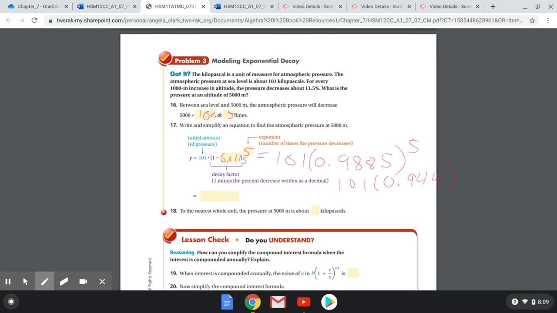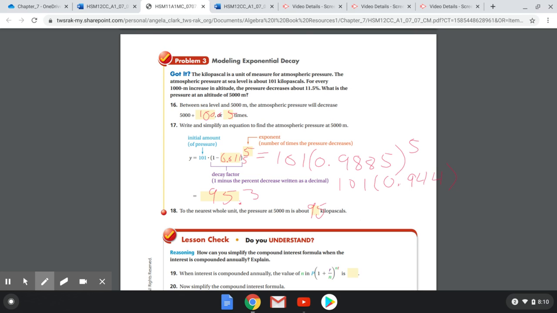So you multiply that answer by 101, and we end up with approximately 95.3 kilopascals. So the pressure at 5,000 meters is about 95 kilopascals.